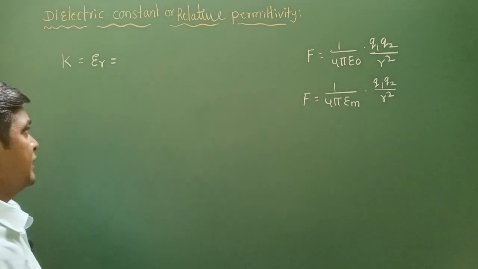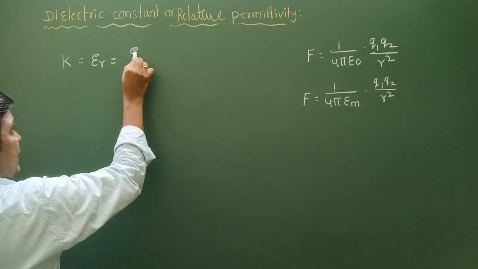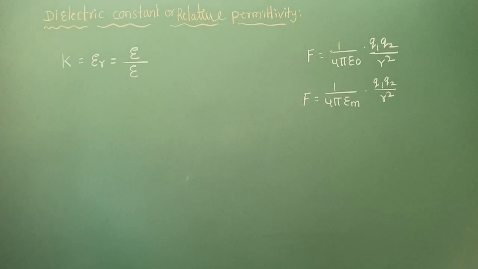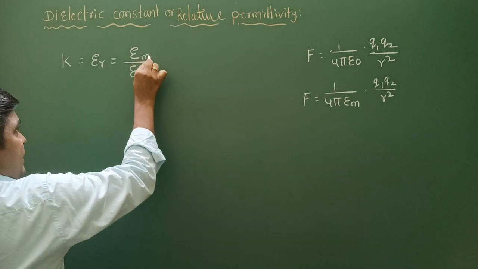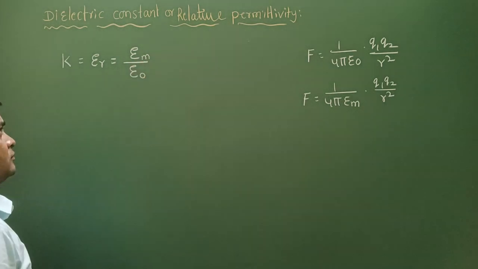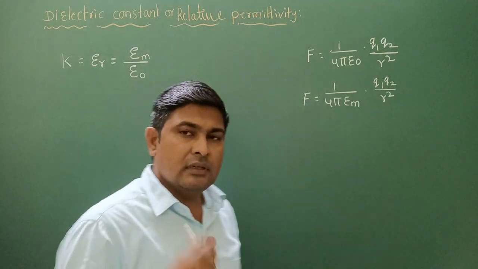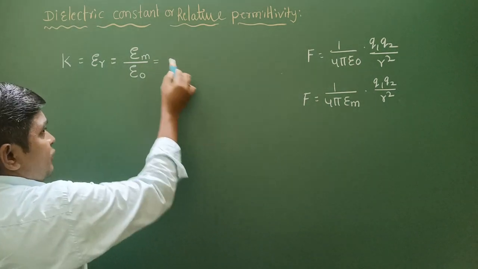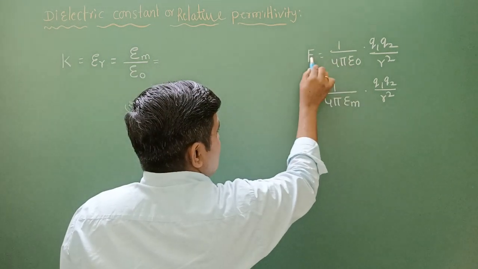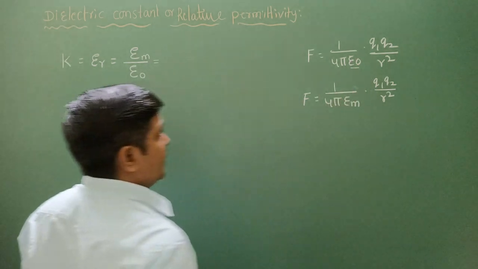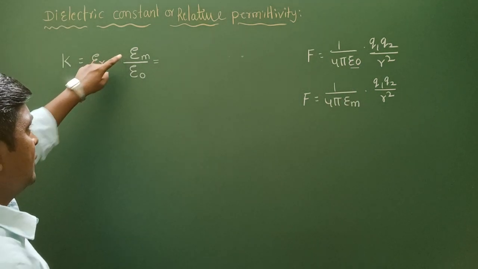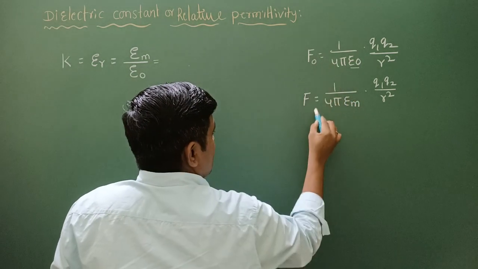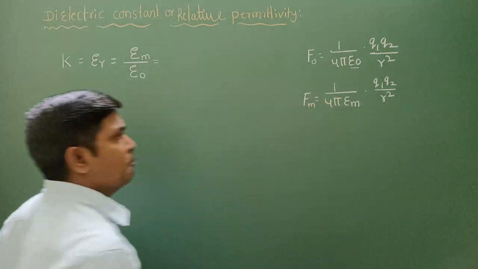This is nothing but the ratio of permittivities: the permittivity of the medium to the permittivity of the vacuum. We know that the force is inversely proportional to this permittivity value. This is the force in case of vacuum, and this is the force in case of medium.